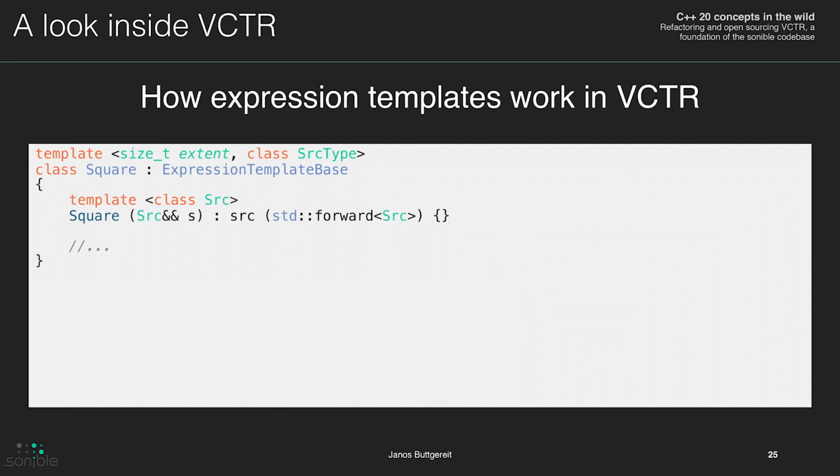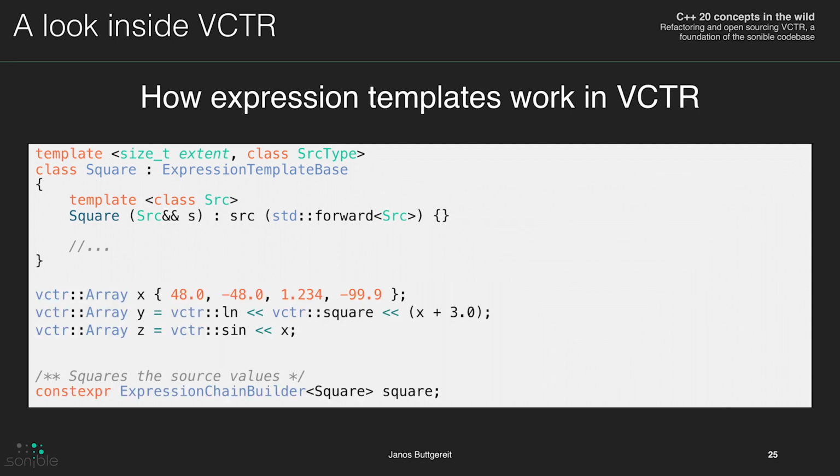Now you might wonder, the examples that I showed looked a bit more like this. We don't see any call to this square class here. We don't instantiate a square instance directly. We rather use these stream operators. What do we actually do here?